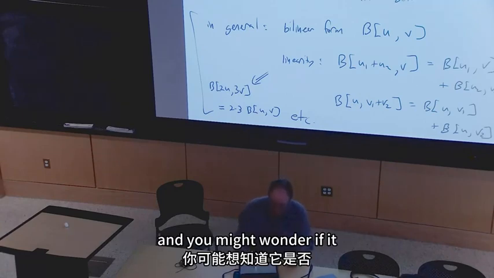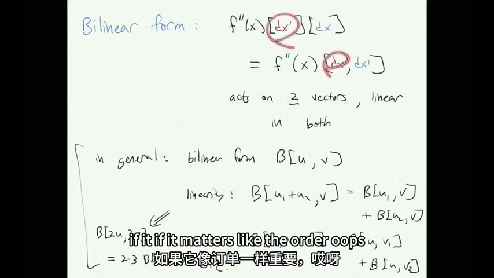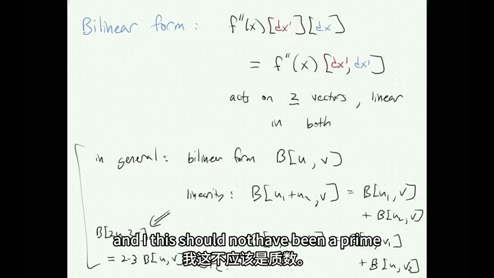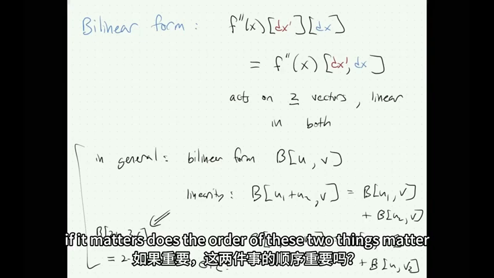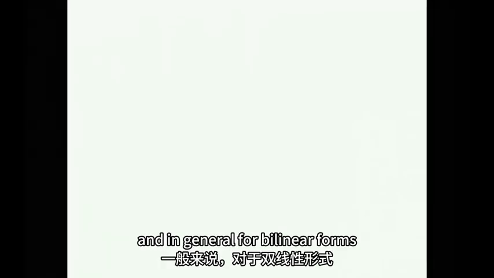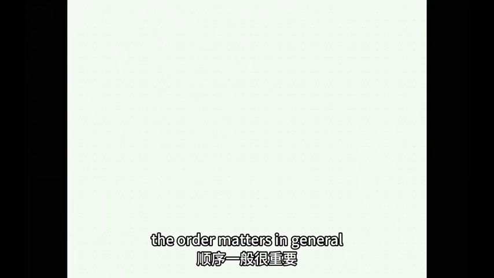And you might wonder if the order matters. Oops, this should not have been a prime. Does the order of these two things matter? In general, for bilinear forms, the order matters.